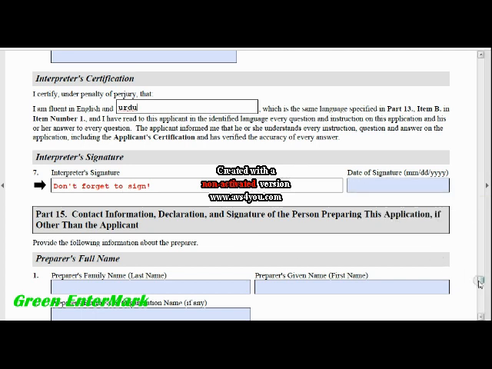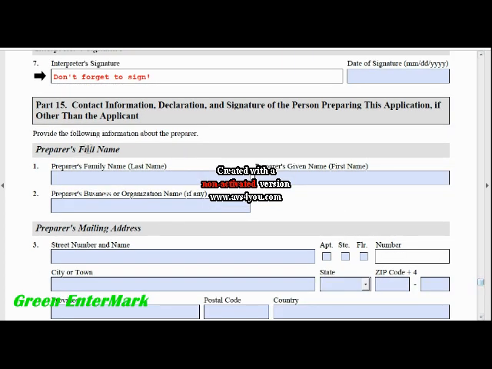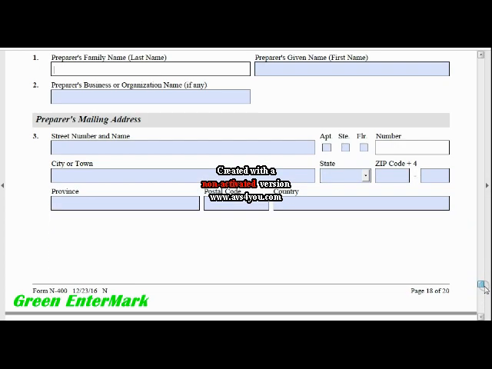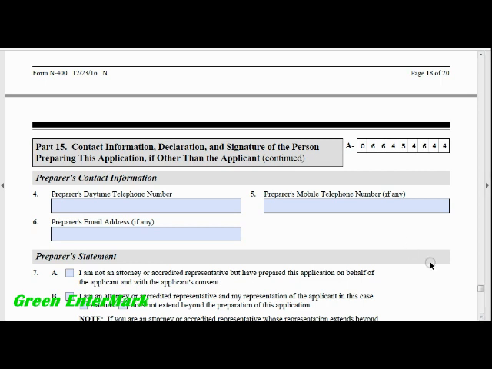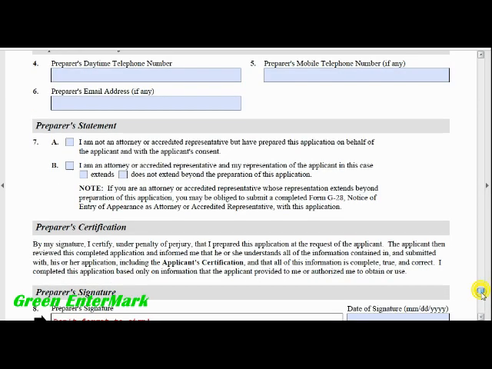Okay, then Part 15 is the contact information, declaration and signature of the person preparing this application. If you get the service of any person who prepares this document, because you know English but cannot fill it out properly, the name of the preparer goes here, with address, telephone number and his statement that he is not an attorney.